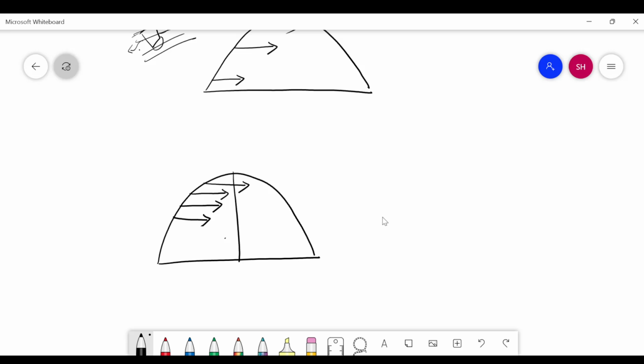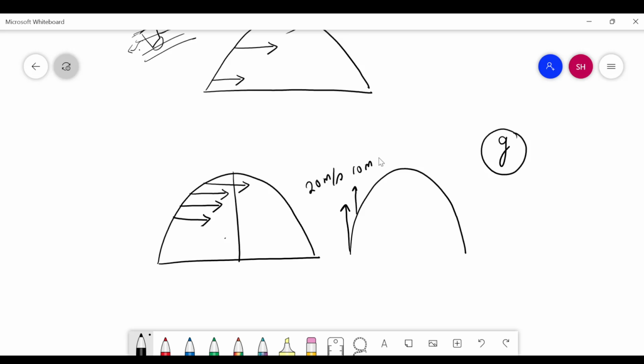But when it is going up, it is decelerating by the amount g. That means if it is going up by 20 meter per second, then the next second it will go up by only 10 meter per second, because the gravitational acceleration is approximately 10 meter per second square.